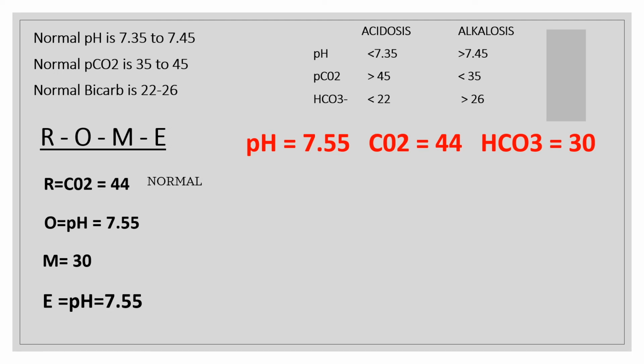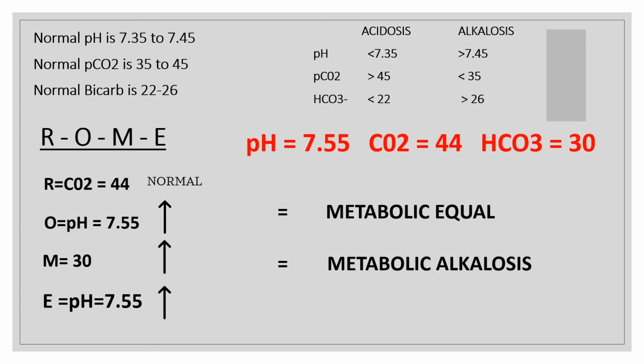The O would reference the pH, which is going to be elevated or alkalotic. The M would be increased, which would also be alkalotic. The E, which the pH is increased, so the M and the E are equal. So metabolic equal, that the M and the E of the R.O.M.E equals metabolic alkalosis.